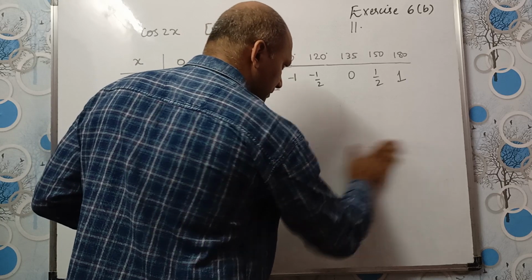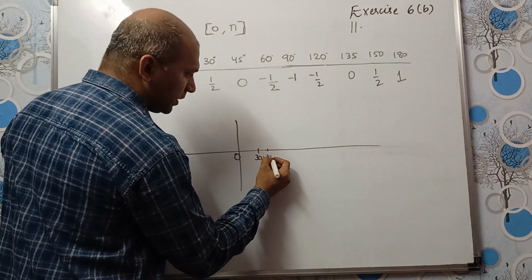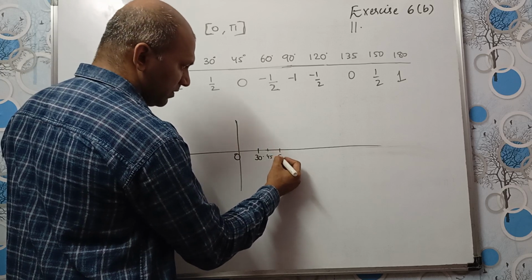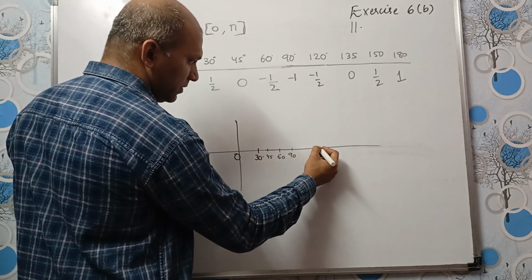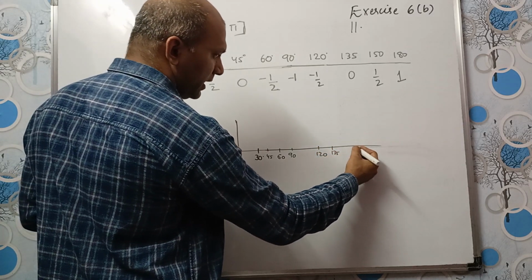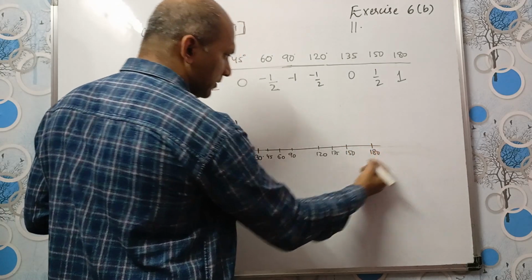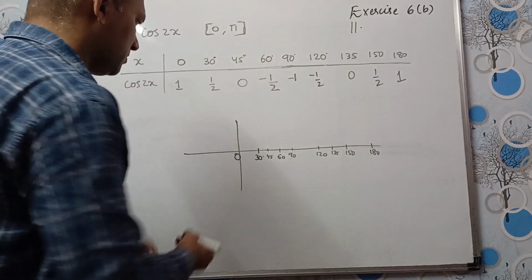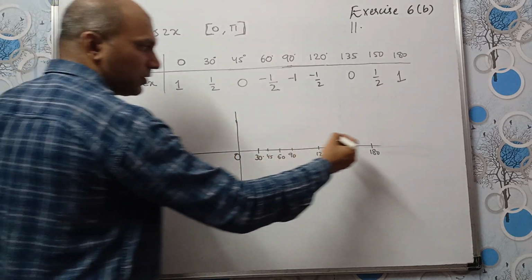If 30 is here, 45 will be closer. 60 will be here, 90 will be between, 120 will be here, 135 will be here, and 150, and let us take 180 here. These are approximate distances. These are all x values.